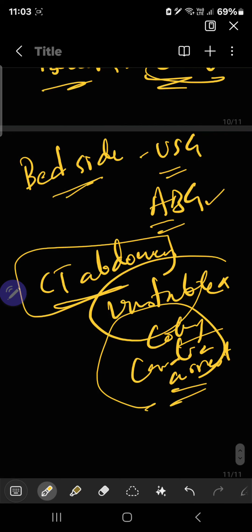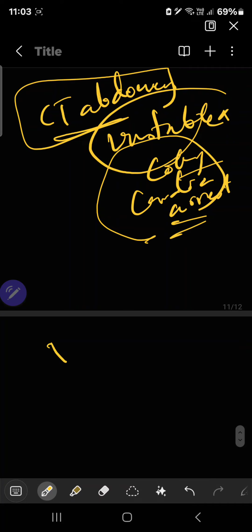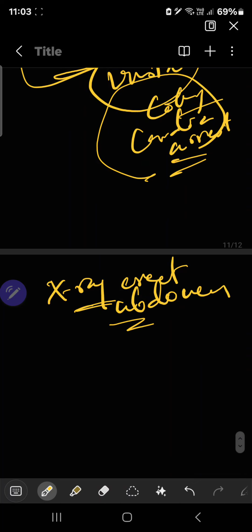And if the patient is stable enough, you can do an X-ray erect abdomen. X-ray erect abdomen will show the various fluid levels. You will see the intestine and the fluid levels, and if perforation is there, you can see air under the diaphragm.